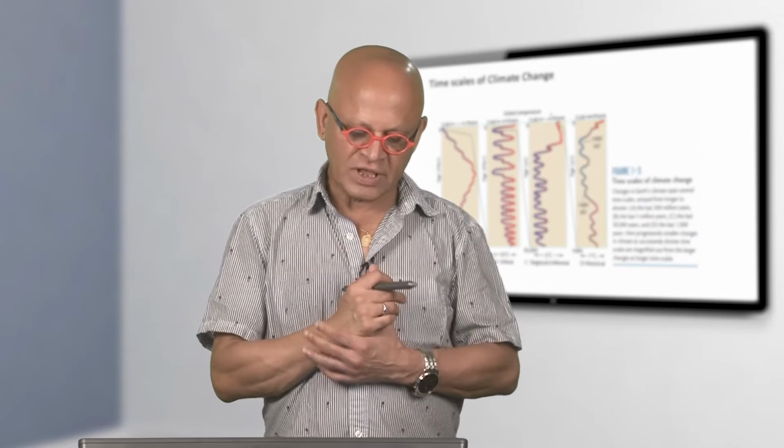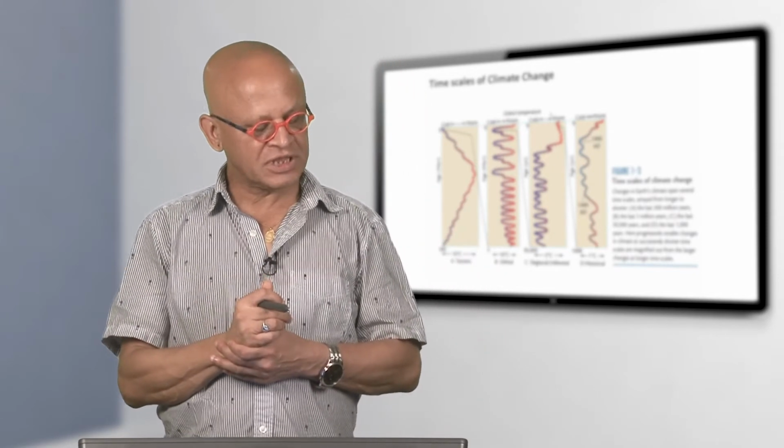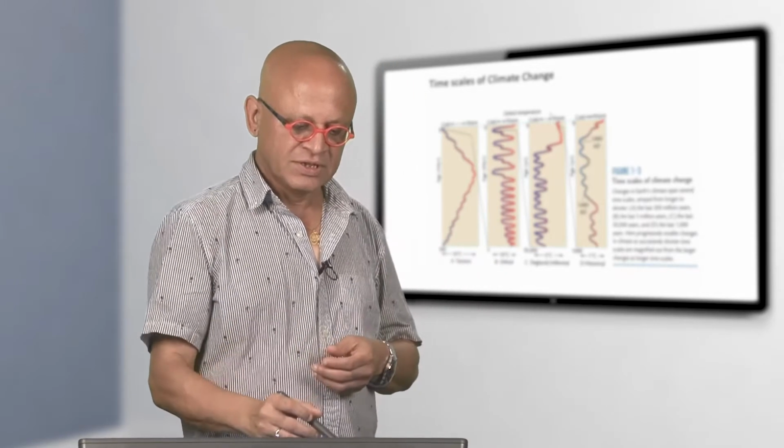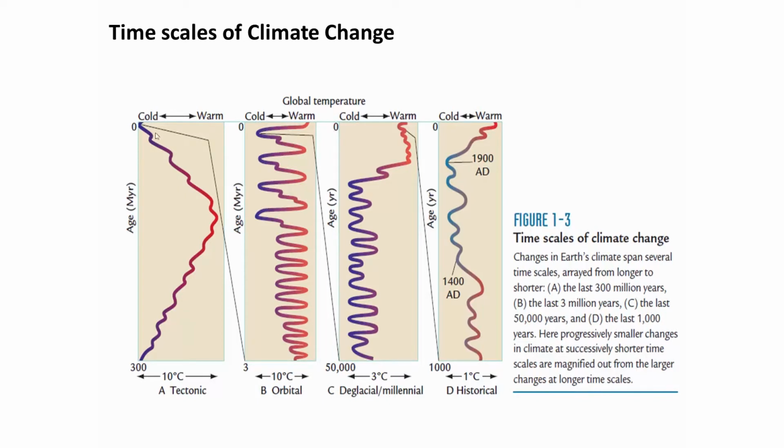So let's zoom in quickly again to the long time scale and come back to shorter time scales. Here is a hypothetical picture of changes in temperature, shown just as a rough scale, but the order of magnitude is correct. If you go back from the present to 300 million years, you will see the temperature compared to the present warmed to about 10 degrees above current, and then, sorry, you have to go from the back.